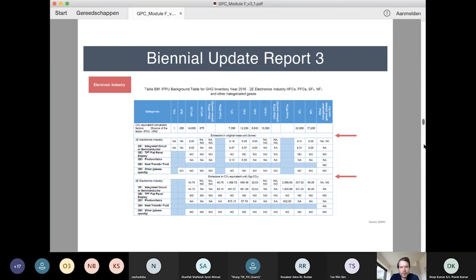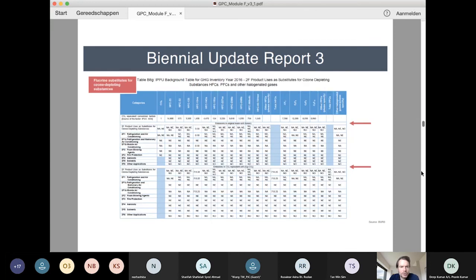Below that, you've got them converted into CO2 equivalent. So use the bottom table because that's more useful, as we don't then need to convert them using global warming potential factors. You've got all the data there for the electronics industry, some notation keys, some data, but use the bottom half of the table to total emissions.